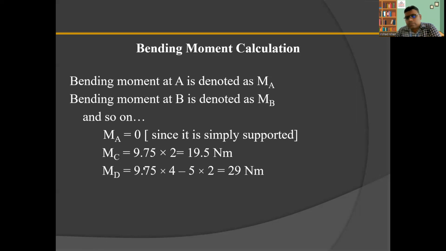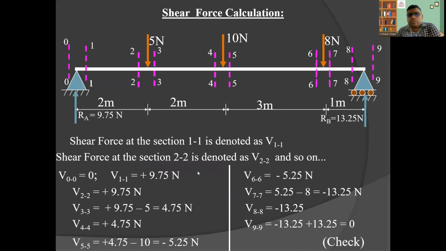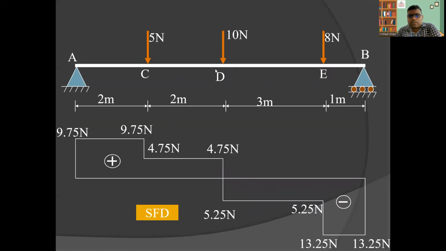Because the support load is trying to move upward, that's why it is positive, and this load 5 is trying to move downward. You can see from the diagram here what we are calculating. At point D, the reaction is 9.75 and the distance is 4.